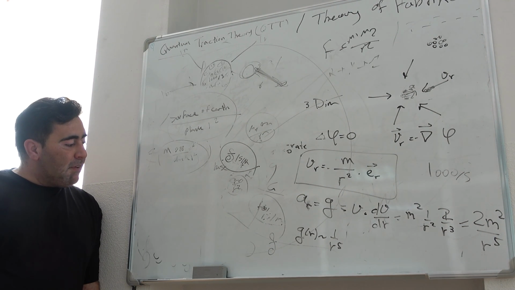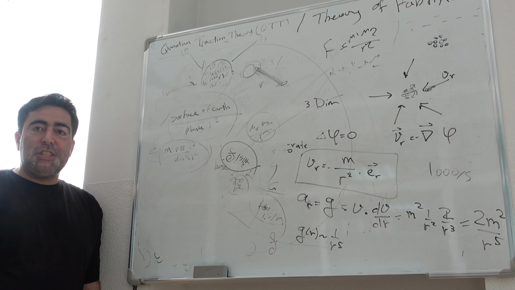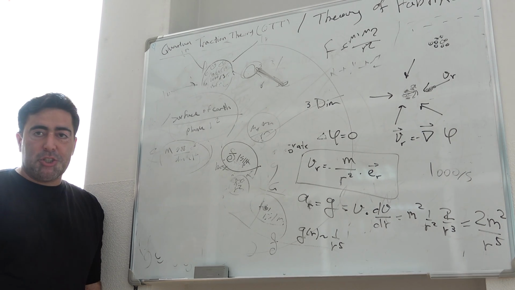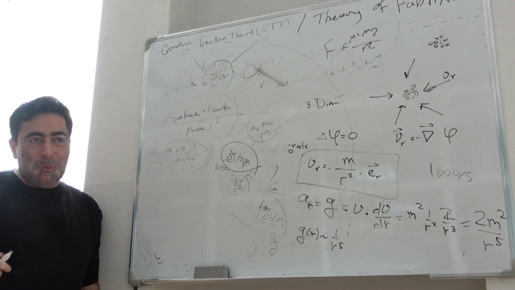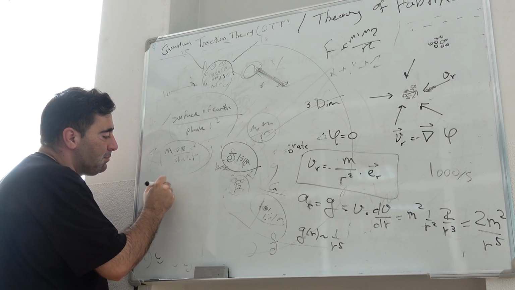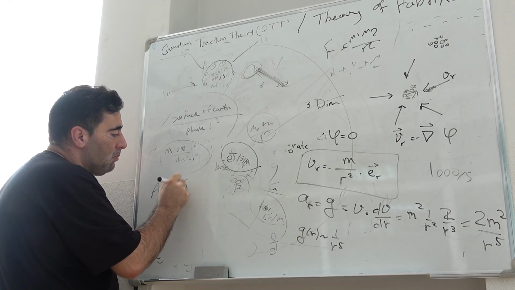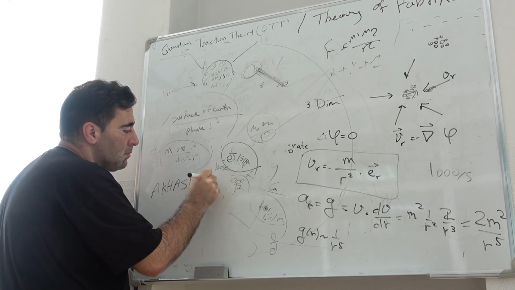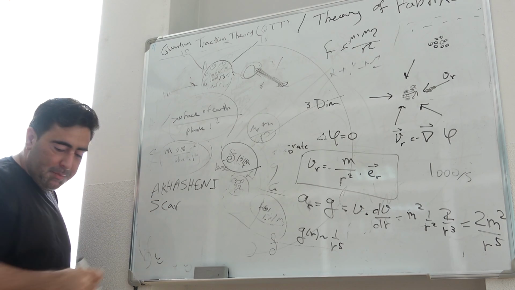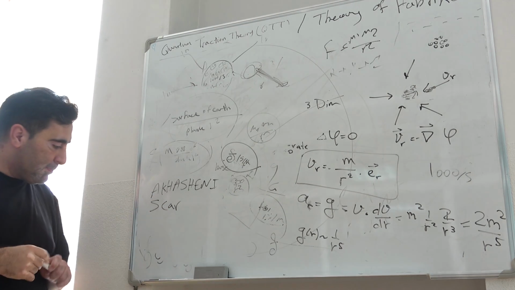So we will change the name to scar, and to put a very specific name for that, we call it Akhasheni scar because we say so. So from now we call this Akhasheni scar.